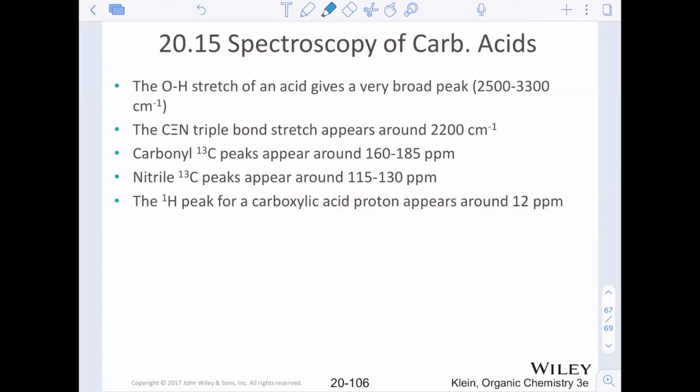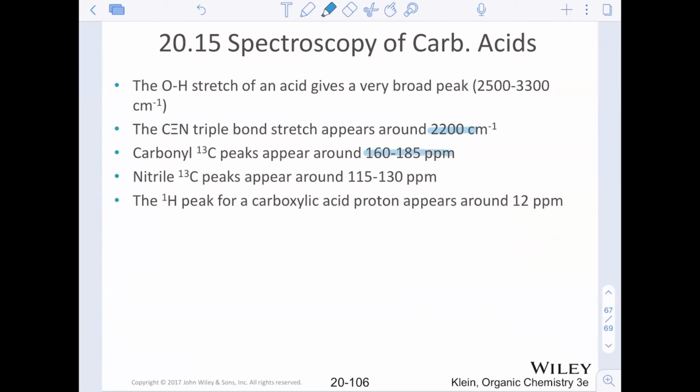The OH stretch of an acid gives that very broad peak, so carboxylic acids tend to be a little bit more easy to define. The carbon-nitrogen triple bond stretch is relatively easy to see, around 2200 centimeters to the -1. Carbonyl peaks on IR are difficult, but on carbon-13 are very easy to identify.